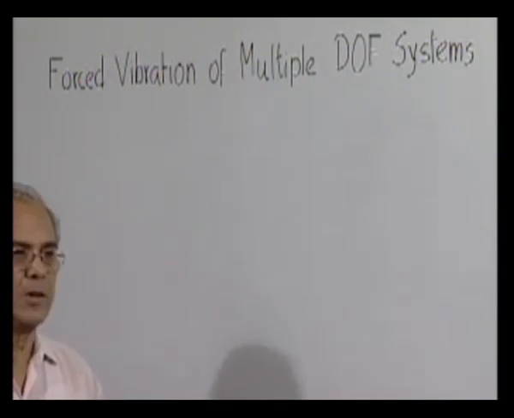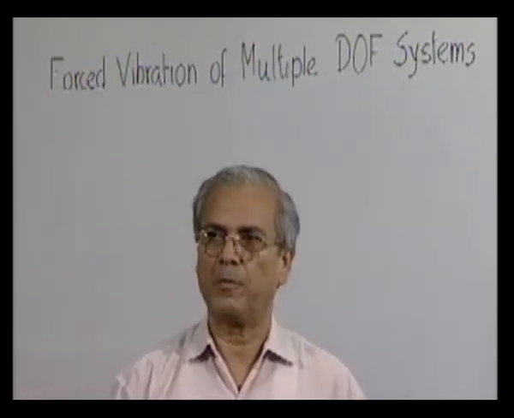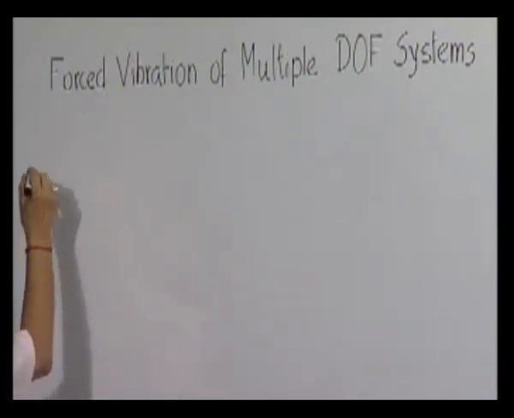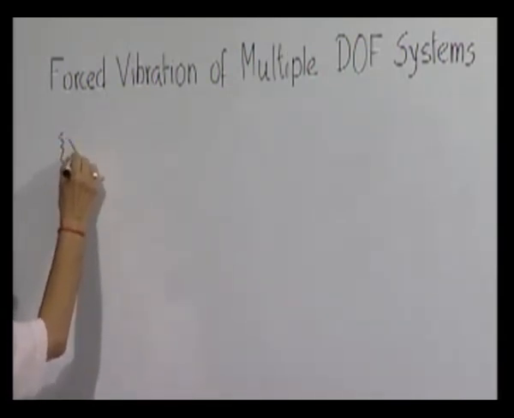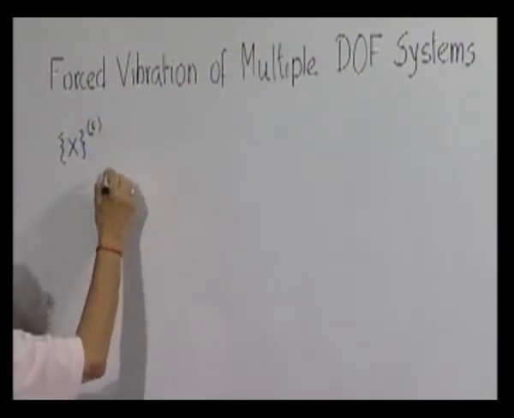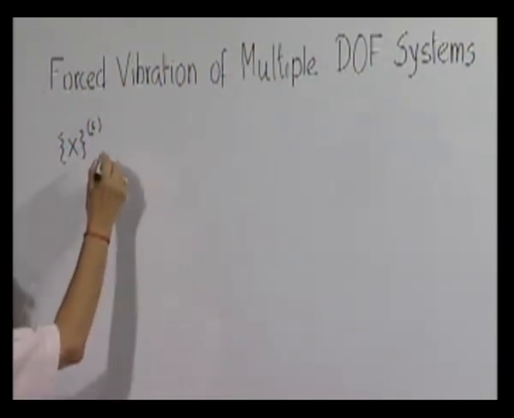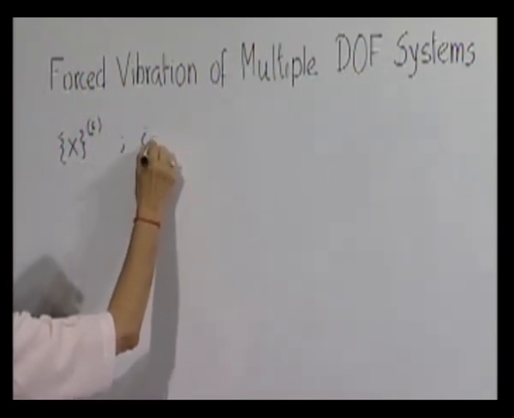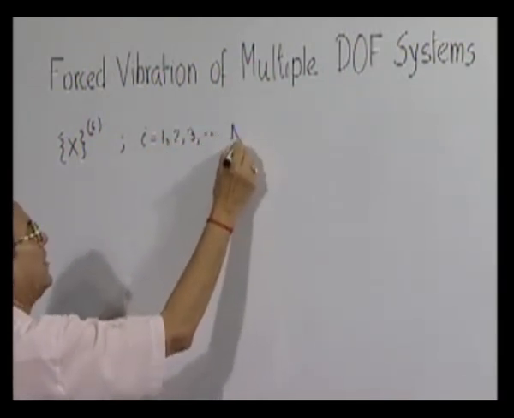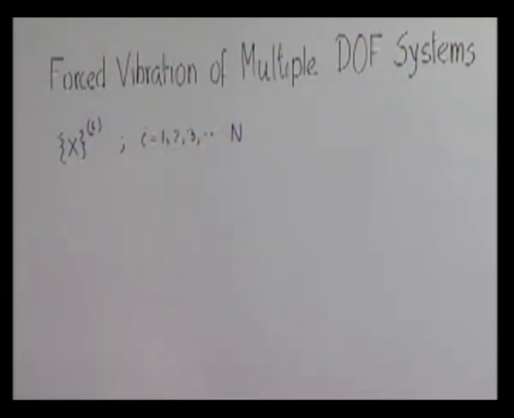So, once we solve for the free vibration of a multi-degree freedom system, we know the natural modes, where i is equal to 1, 2, 3 up to n, which is the number of degrees of freedom.